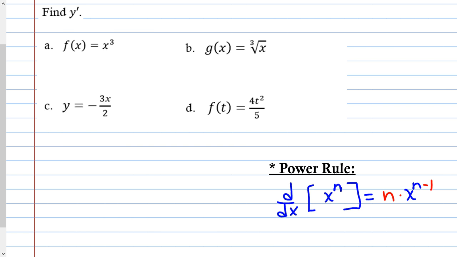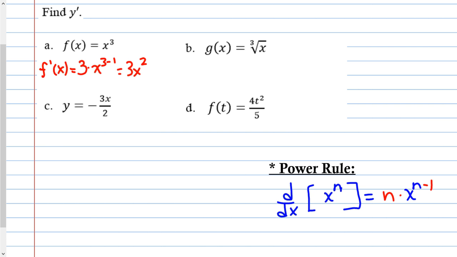For a, let's see, f of x equals x cubed. So f prime of x is going to equal, so we have x cubed, and then I use my exponent, which is 3, and I'm going to multiply the whole function by 3, and then I have to subtract 1. So that is 3x squared.